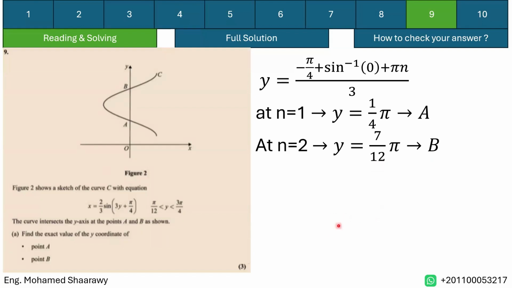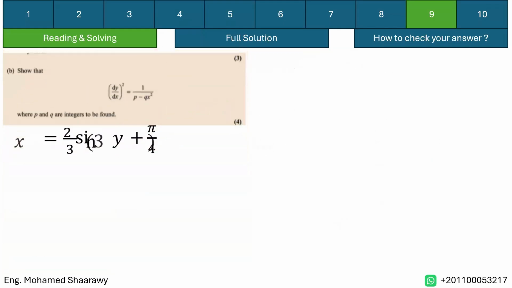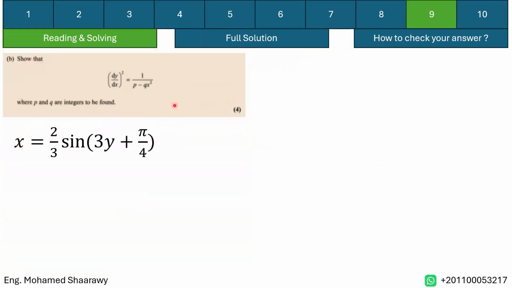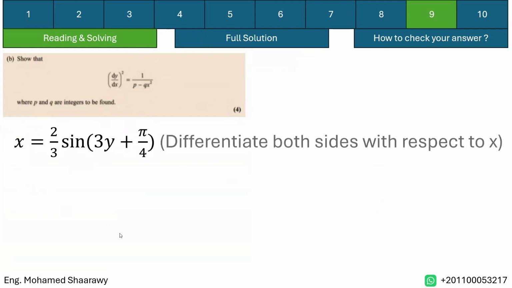Alright. Okay, so now let me proceed. It says show that dy by dx squared is equals to something in terms of x. Okay, so in order to get dy by dx, I need to differentiate both sides with respect to x. So the differentiation of x with respect to x is just 1.